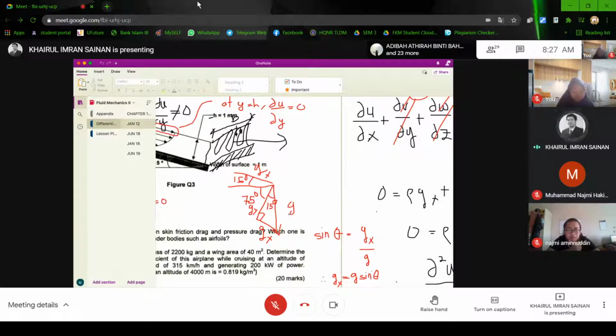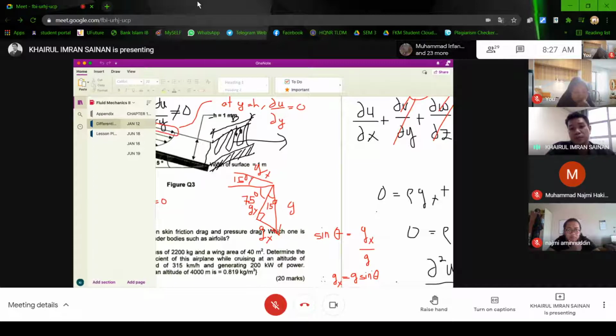So g must have the highest magnitude, so it is represented here as the longest line. So gy cannot become the hypotenuse, and gx also cannot become the hypotenuse. So it should be g. Meaning the actual g should become the hypotenuse.